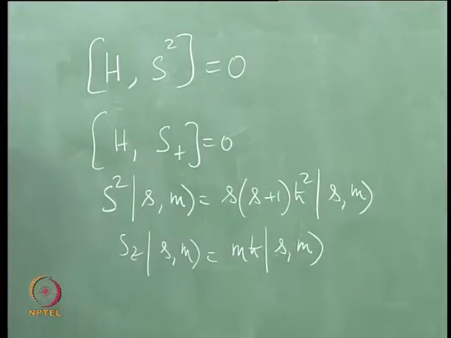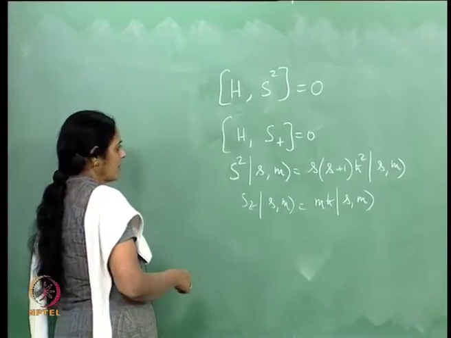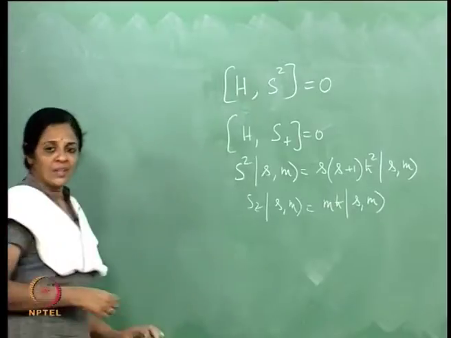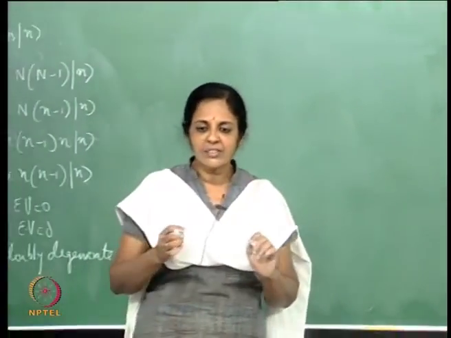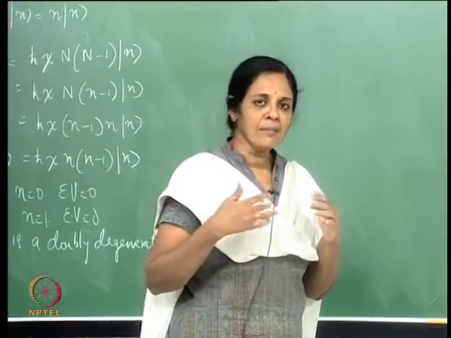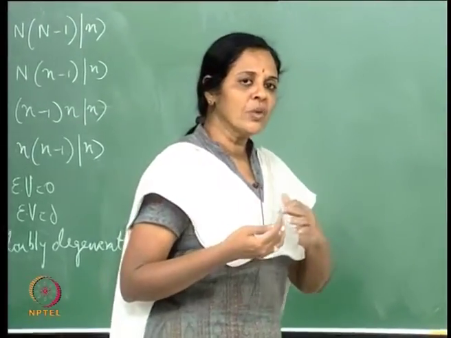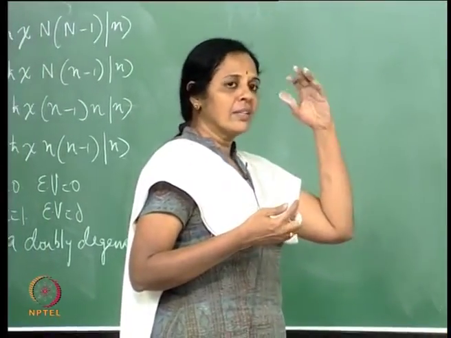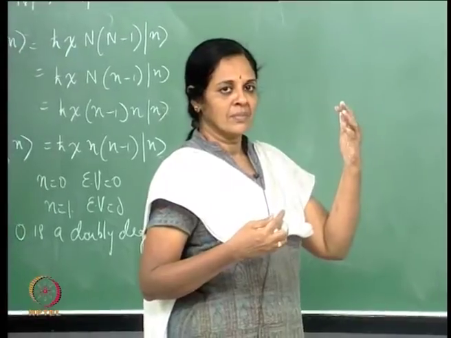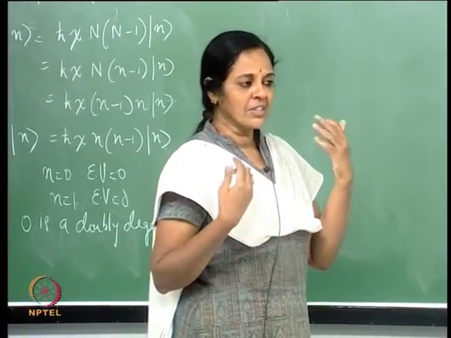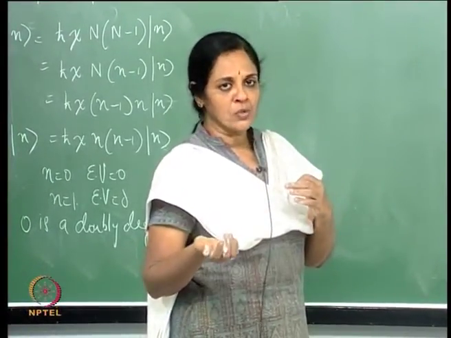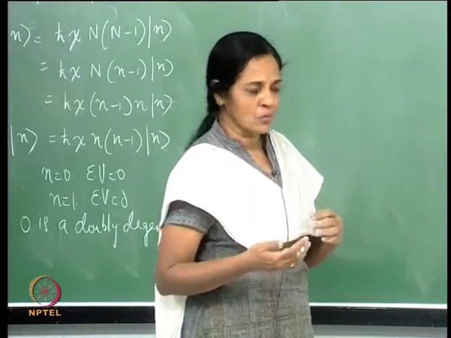Now, in this picture, I want to show that an object with a given spin has the same mass independent of whether it exists in the state m, the third component having a value m, or a value m plus 1 or m plus 2 or m minus 1.